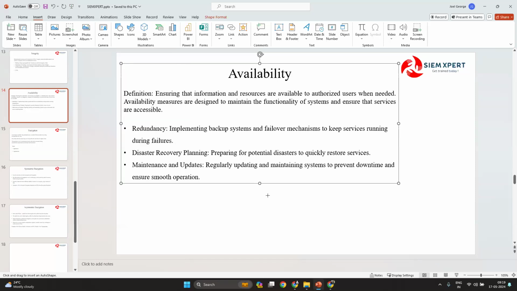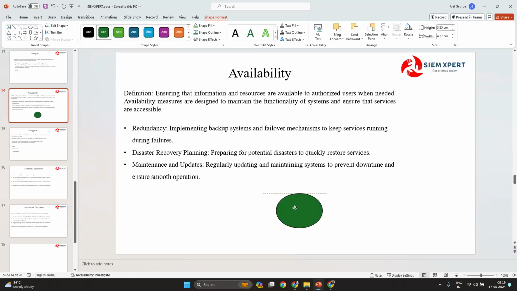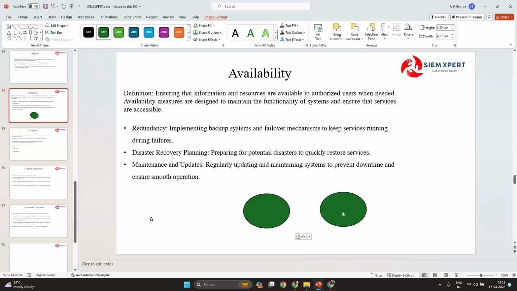Make sure you don't have single points of failure. If this is the only firewall an organization has and it fails, the organization is prone to attacks, because the firewall isn't working. Not only prone to attacks, nothing is going to get past to the internet because it is not going to pass through the firewall. So always have a mechanism where you have two firewalls running in parallel, and a system health monitoring check which says that if this one reaches its capacity, it diverts the traffic to the next firewall.